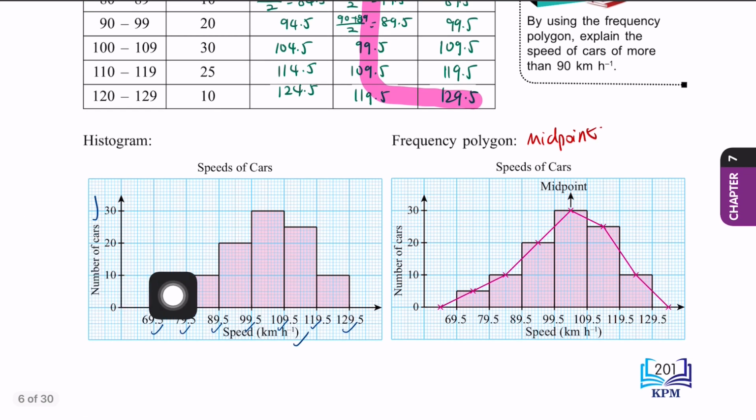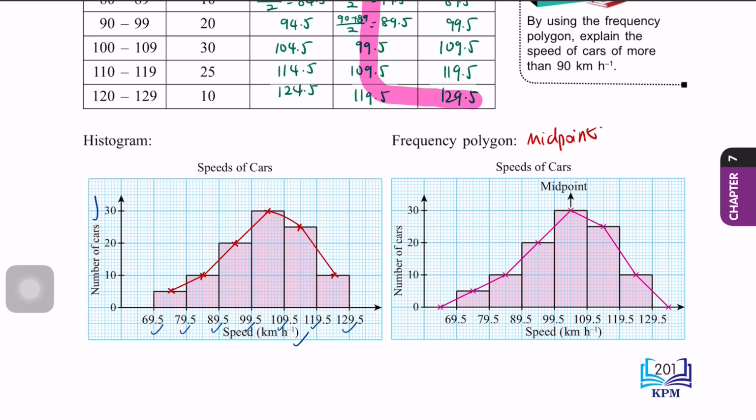So awak go through each bars, labelkan dia punya midpoint. Tengah-tengah lah kan midpoint. Next awak sambungkan dia. Okay, kita sambung. Sambung this one. This one. This one. This one.